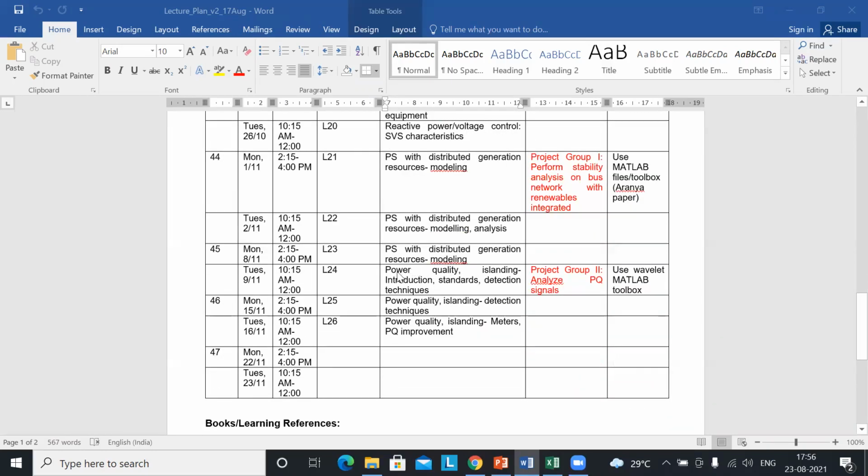And then another topic which I have included is the power quality and islanding, because when you talk about the DG system, we have the issues related to islanding detection as well as the power quality signals. If you remember, last semester we discussed some of the norms, some of the standards that we have for power quality definitions.